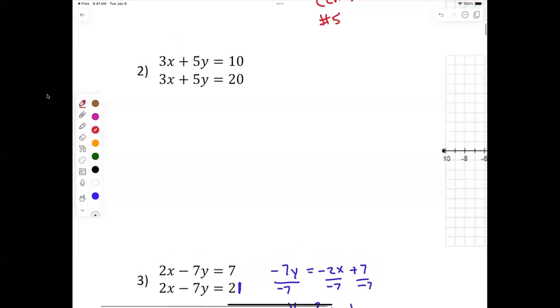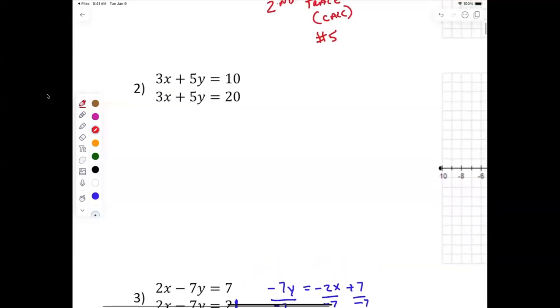Three x plus 5y equals 10. All right, same thing, moving the 3x over. Now what? Divide by 5.